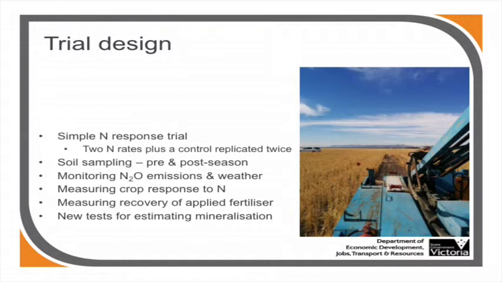As I mentioned, we're still looking at nitrous oxide and weather. We're also looking at, of course, the crop response to that nitrogen. So again, if we're looking at different management options, we've got to understand their productivity impacts, otherwise there's not much point. And we're continuing to measure that recovery of applied fertiliser in these different situations and testing out a few of these potential mineralisation lab analyses.